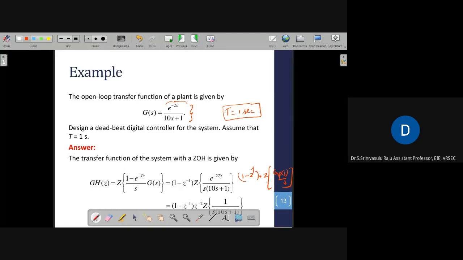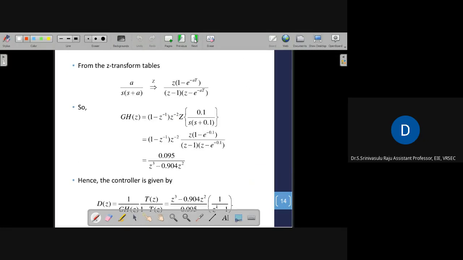If you expand this, you will have this continuous domain equation, then apply partial fractions, so we have it in the form of Z. This is the final G of Z, the process transfer function.